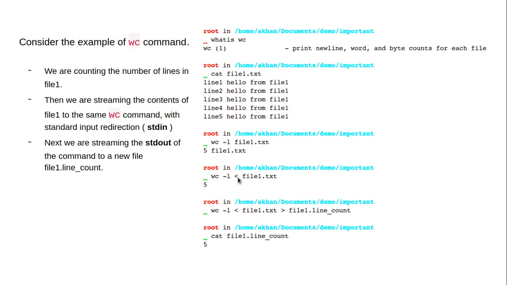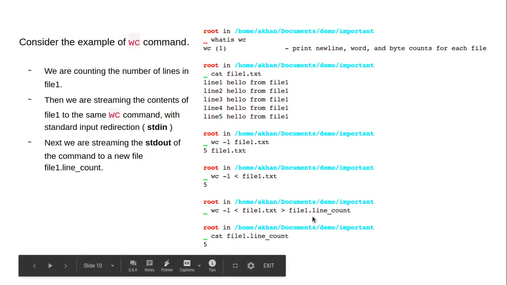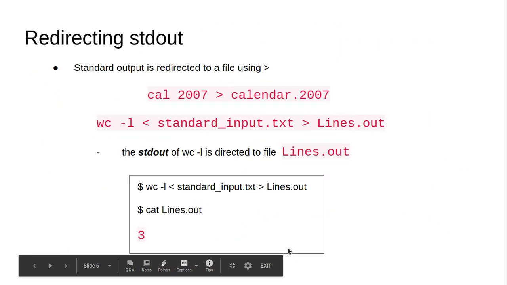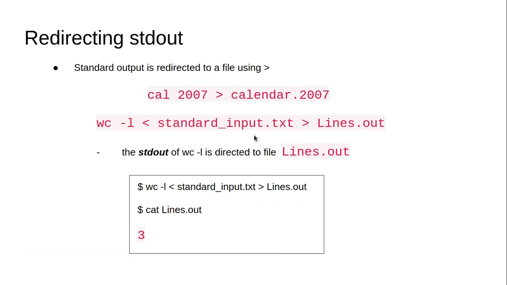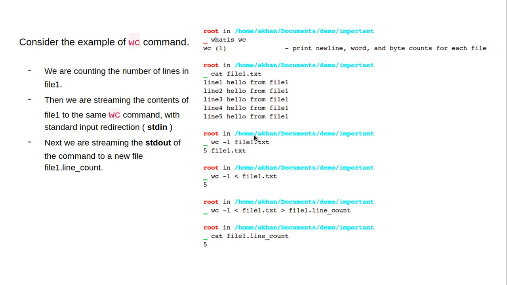I am providing the file as an input to wc -l, and it is giving me five lines in this file, line 1 to 5. Then I am outputting the output of wc -l to a new file, 1.linecount. We have already seen this before. This is similar to this command. It is just elaborated here.